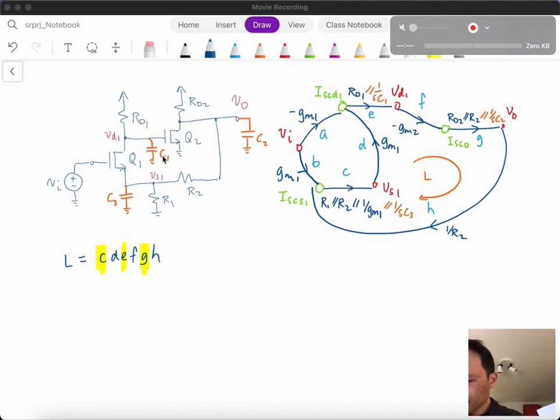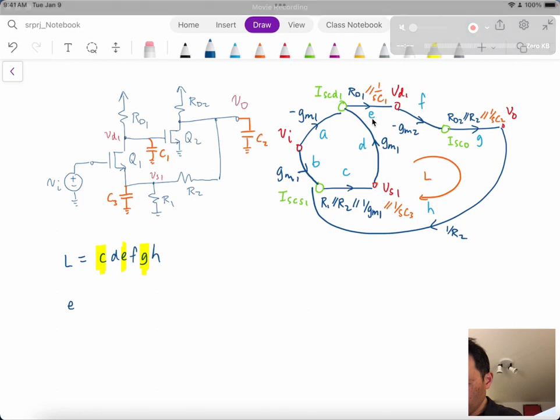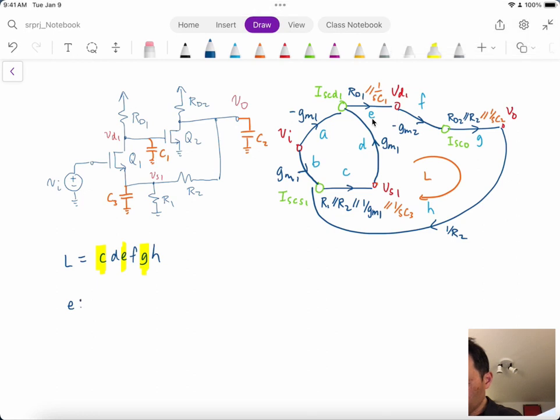So capacitor C1 is added to E. Our E used to be simply RD1, but now it's going to become RD1 in parallel with 1 over SC1.